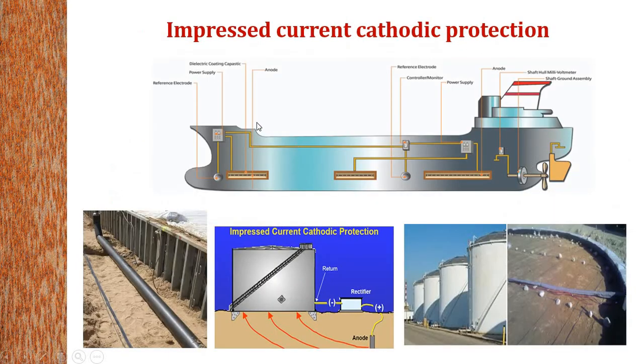So you can see here the navy tank is protected from corrosion by using impressed current cathodic protection. Similarly, the storage tanks are protected by using either a rectifier or a DC line. This is the pipeline that is protected.